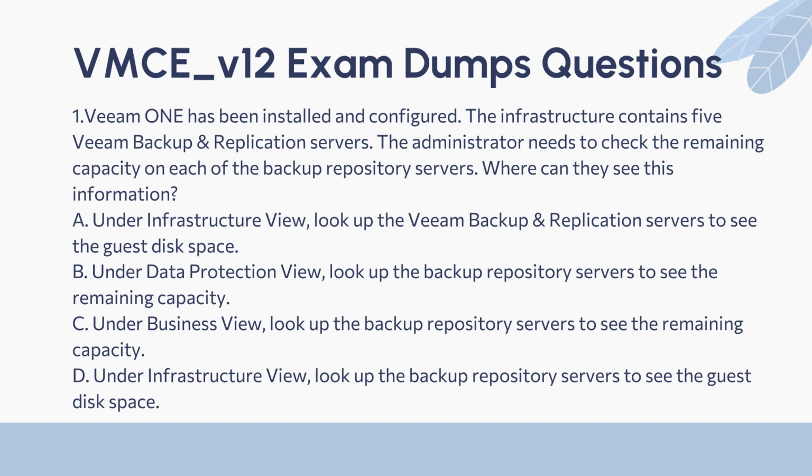B. Under Data Protection View, look up the backup repository servers to see the remaining capacity. C. Under Business View, look up the backup repository servers to see the remaining capacity. D. Under Infrastructure View, look up the backup repository servers to see the guest disk space.